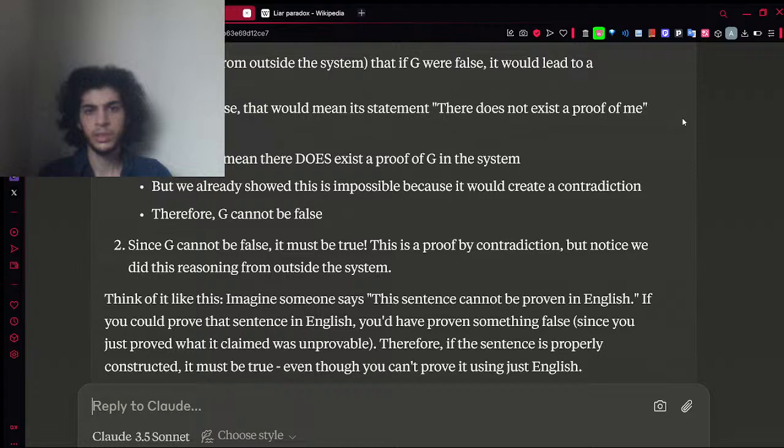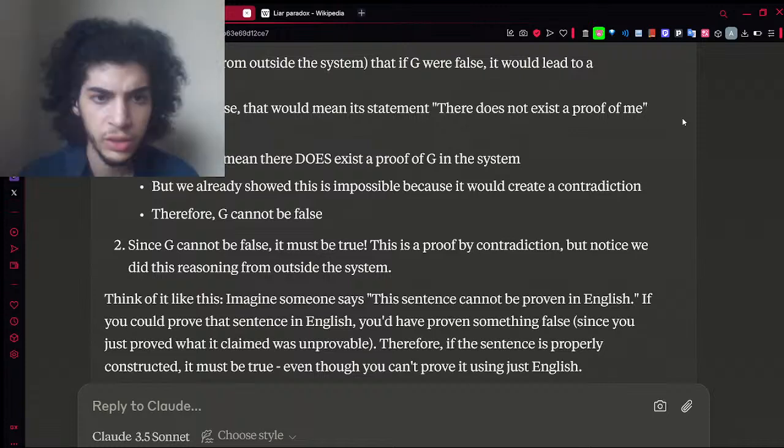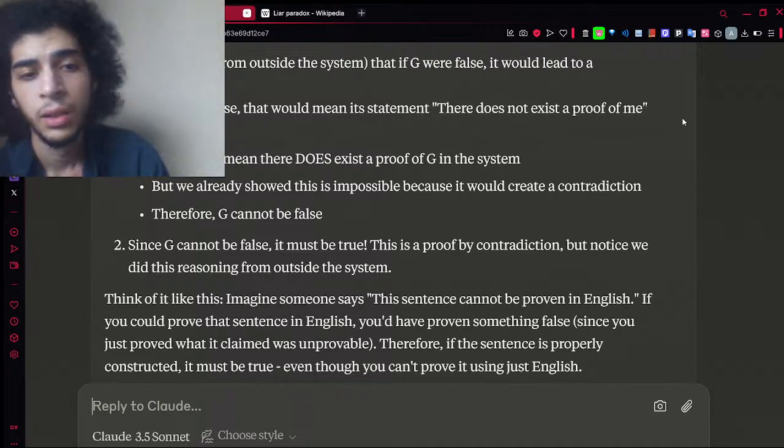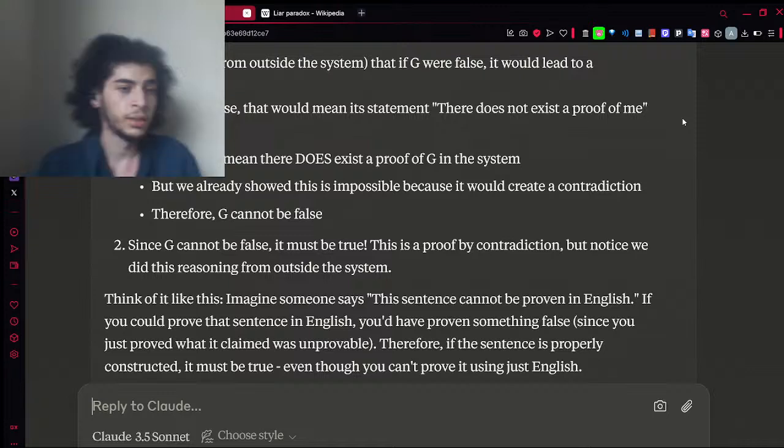This is a proof by contradiction. But notice we did this reasoning from outside the system. So I think the key here is that we're reasoning from outside the system. Let me turn on the light and see.